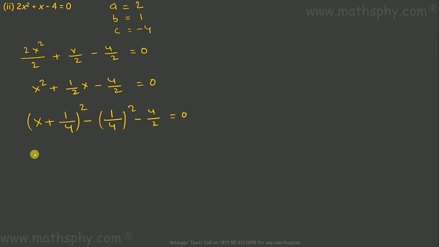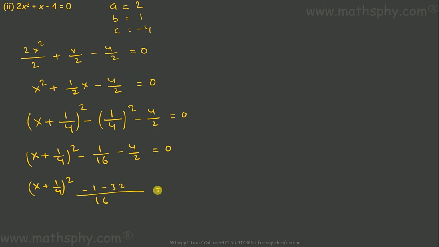Now let's solve this. This is x plus 1 over 4 whole square minus 1 over 16 minus 4 over 2 equals 0. X plus 1 over 4 whole square, this is 16 minus 1 minus 32 equals 0.